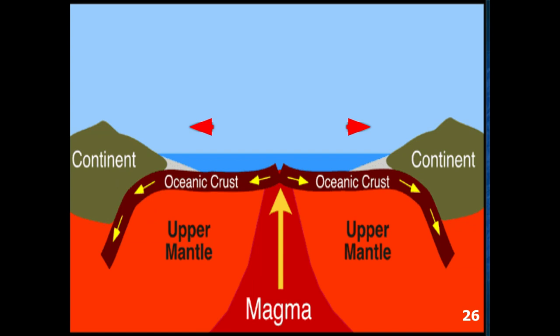Plate tectonics does a wonderful job explaining that age discrepancy between the continents and the ocean floor material. If we go back to the diagram, we can see that as new ocean floor material is being created at the divergent boundary, and then we come to the very end of the ocean crust, it's being consumed on the other side through a convergent boundary. So this would represent the very young rocks, which progressively get older, and the very oldest part of the ocean floor you're not going to see anymore because it's being consumed in a convergent boundary.